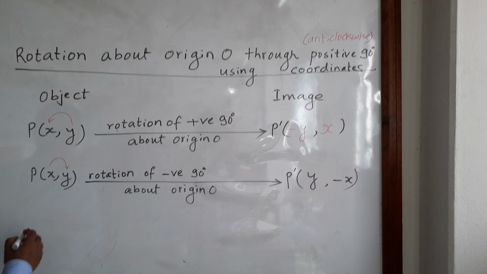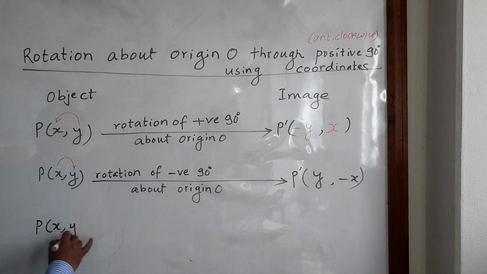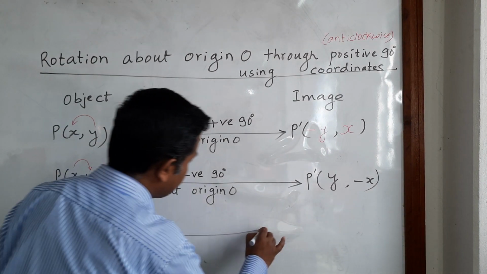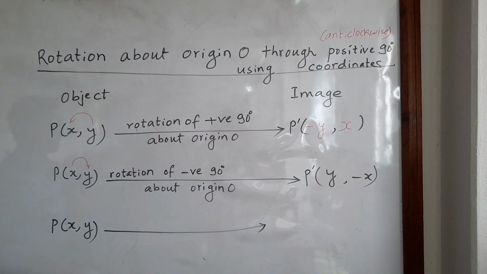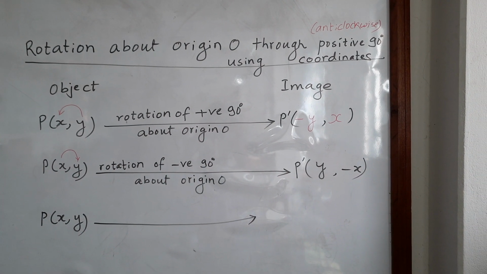So now the next point is P(x, y), and we have to rotate this through 180 degrees.